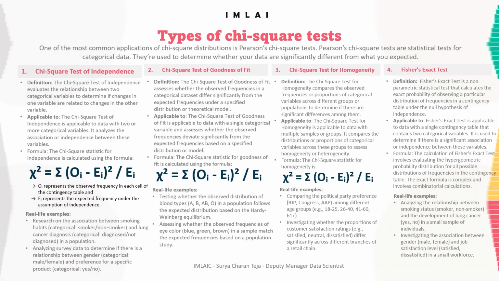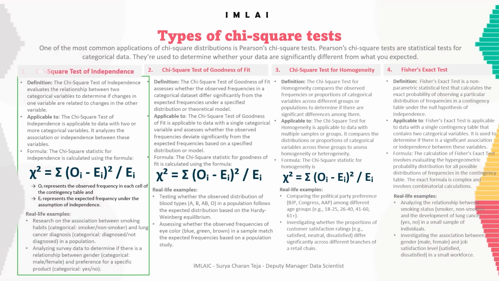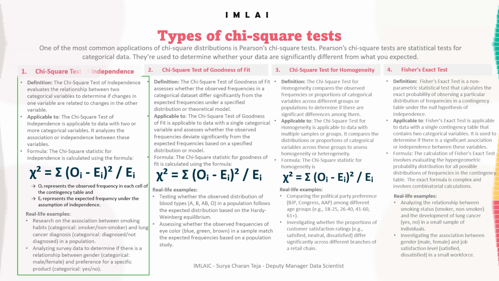So in data science, the chi-square test of independence is widely used to find the statistical significance of the relationship between categorical dependent variables and independent variables. This test is used when we want to determine if there is a significant association or dependency between two categorical variables. The chi-square test of independence assesses whether the observed frequencies in a contingency table differ significantly from the expected frequencies under the assumption of independence.